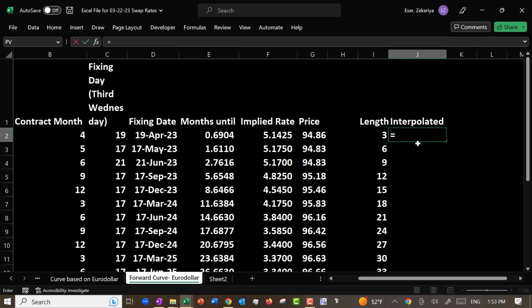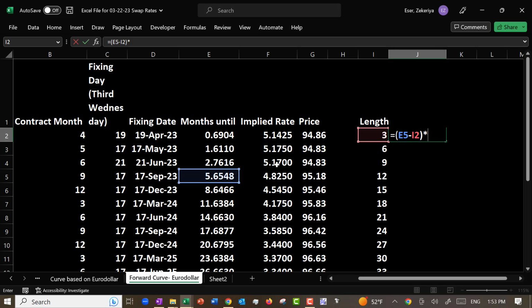The way to do that would be, let me see, 5.65 minus 3 times the, where is the implied rate?